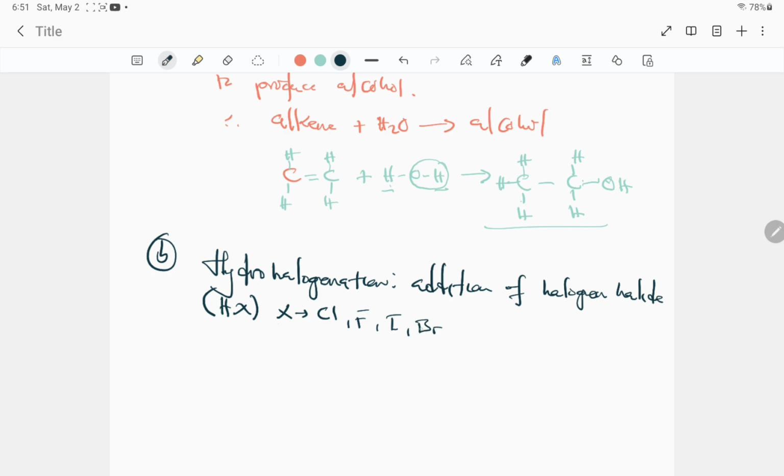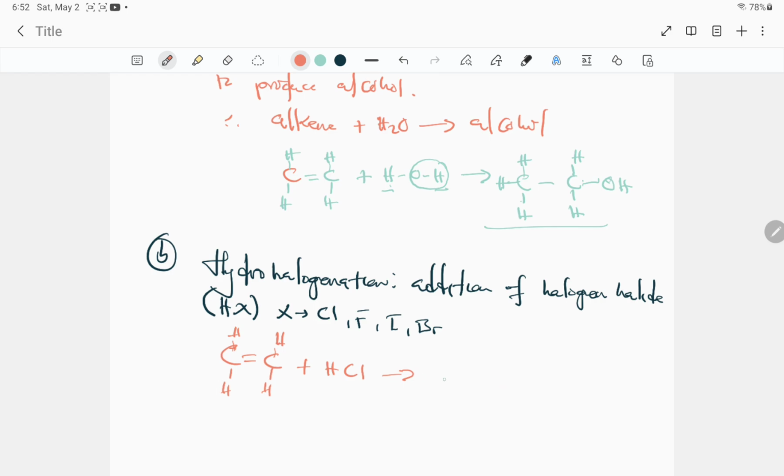So this X represents these. So for example, we will get the same common alkene, plus we can get HCl.